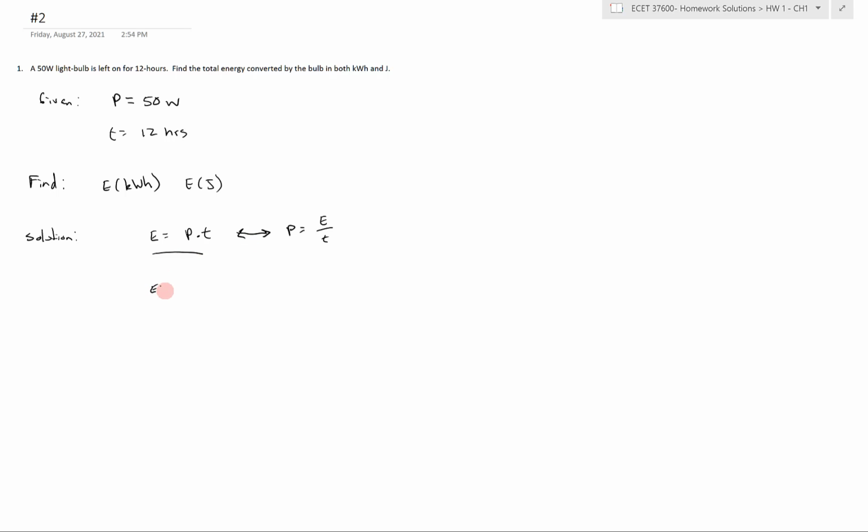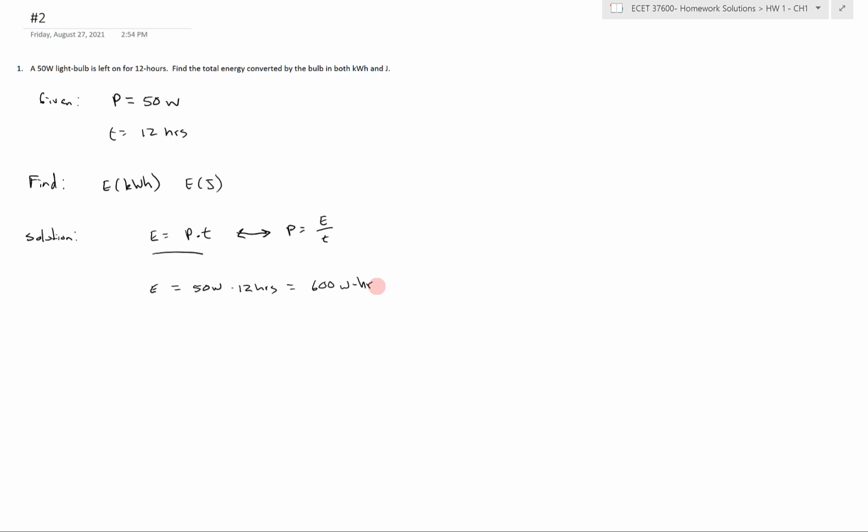E is equal to P, which was given as 50 watts, and the time was 12 hours. So if I take watts and multiply it by hours, I get watt hours. So 50 times 12 is 600, and then I've got watt hours as the unit.